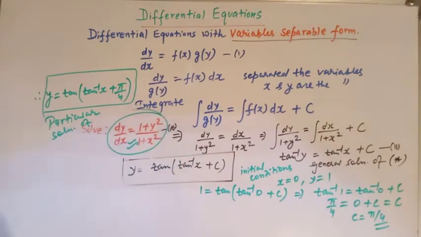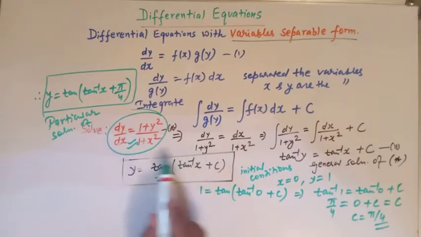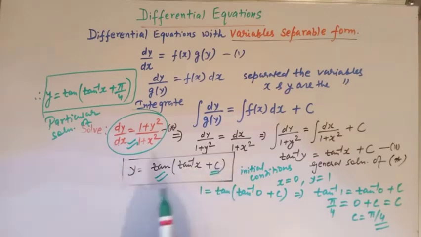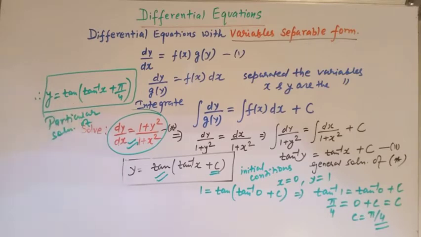Clear? And this is the general solution of this differential equation. So the general solution contains the arbitrary constant c, while the particular solution does not contain any arbitrary constant. Clear? So viewers, let us come to the second question.